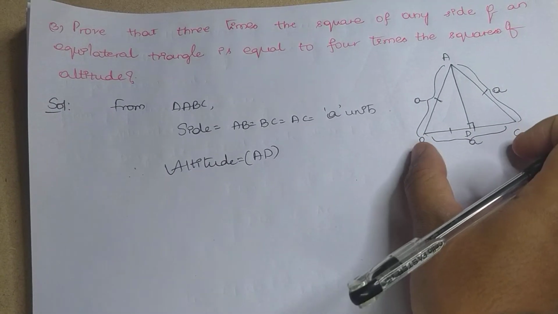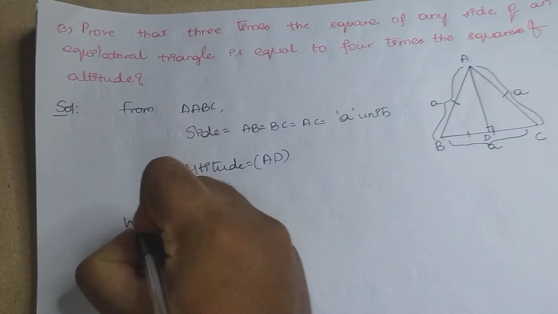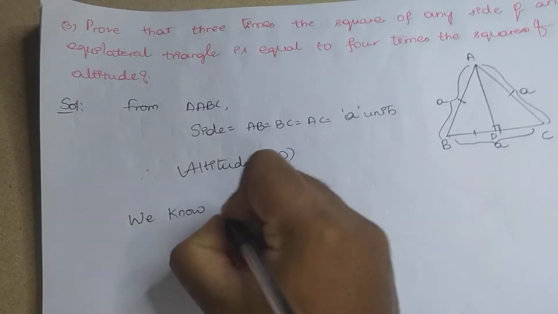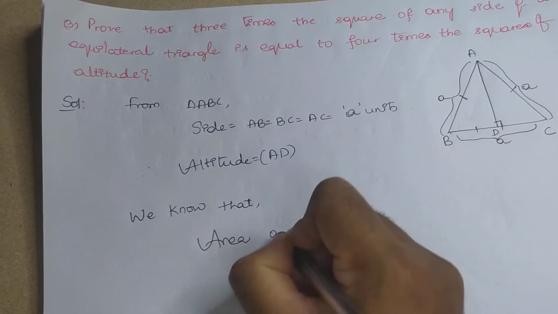So since here the triangle is an equilateral triangle, we know that area of an equilateral triangle, what is the formula?